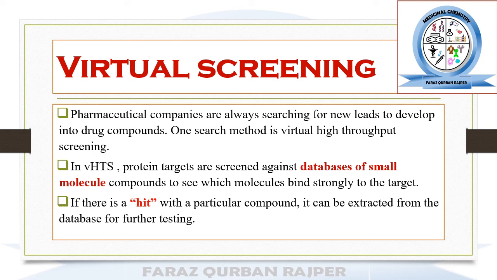In this process, a large database of compounds is available in the software, and from that variety of chemical compounds, only a few are selected as hits. Hits are the compounds which show a particular affinity toward the selected drug target or the disease we are targeting to discover the drug molecule.